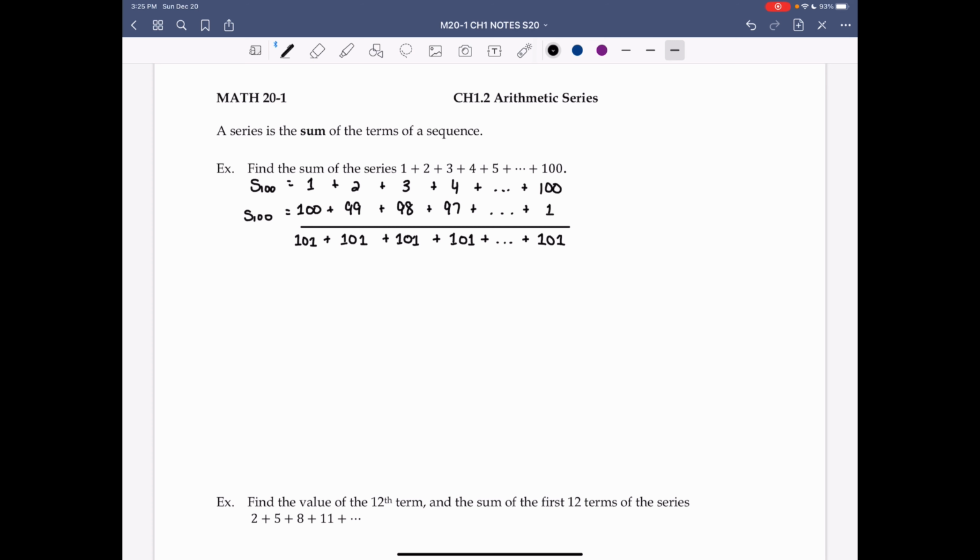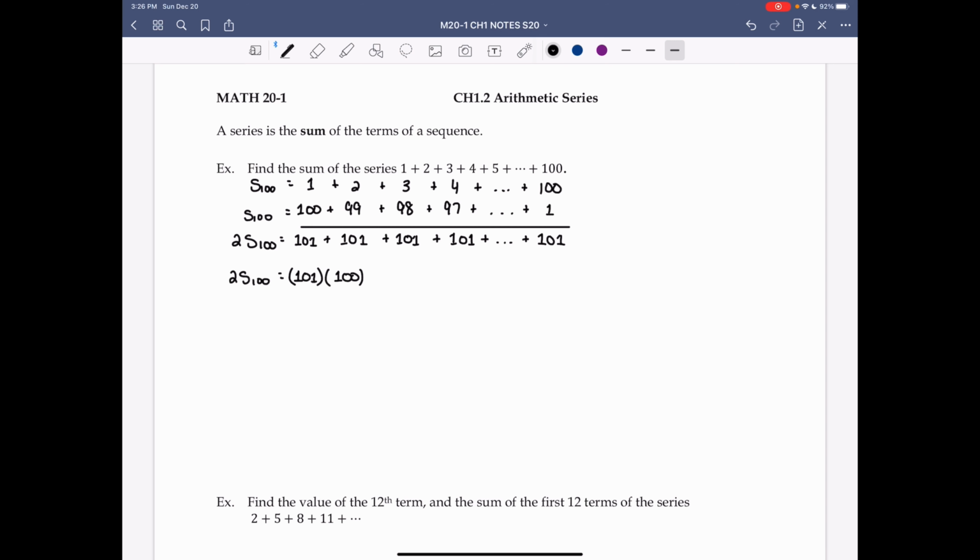So that means that 2 times the series up to 100 equals 101 plus 101 plus 101 plus 101, 100 times. So we can write that as 2 times S of 100 equals 101 times 100.